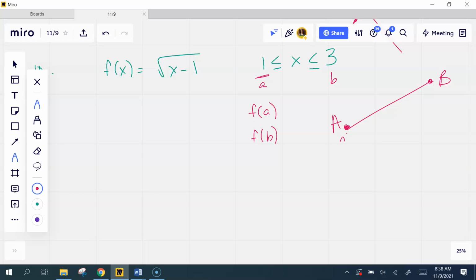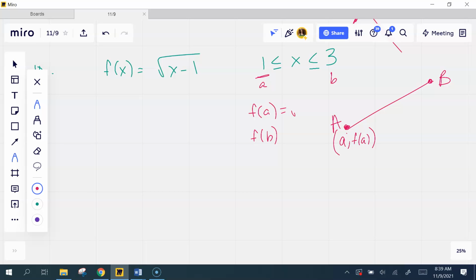The coordinates of this point are A, f of A, because I plug in A. So I'm finding the two endpoints of the secant line essentially. It's just a bit wordy.